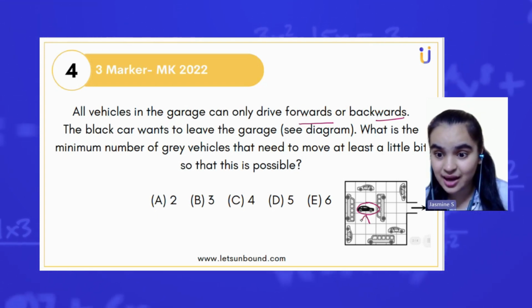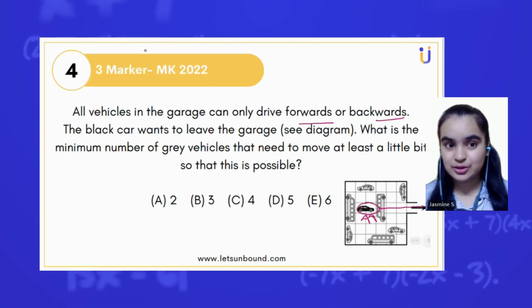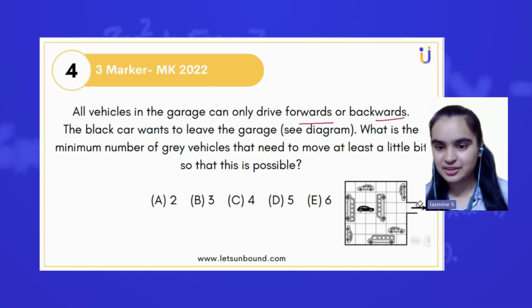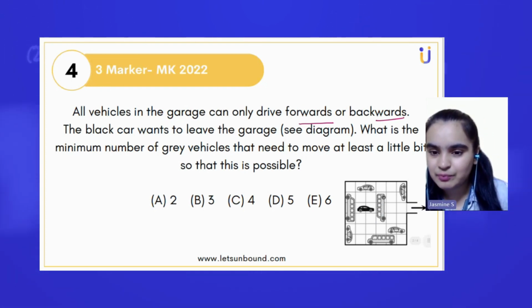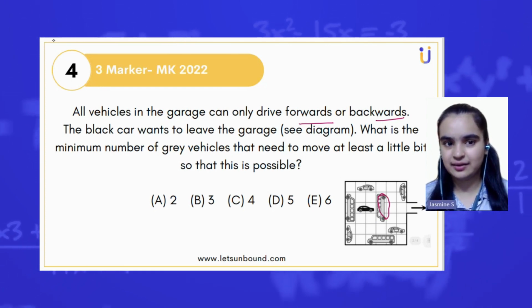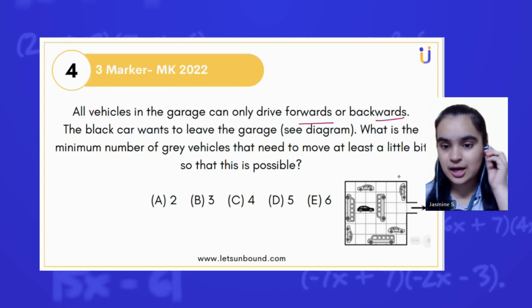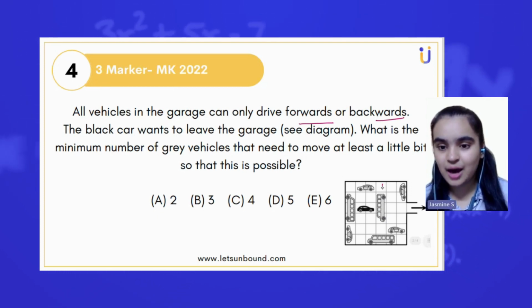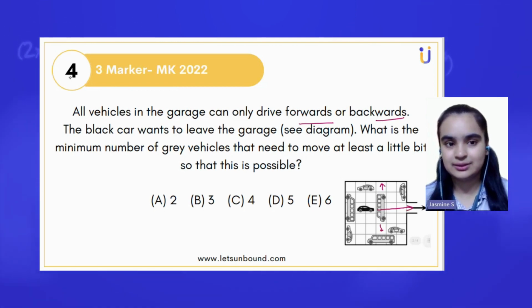Here is the black car which we have to move. It will go straight to go out of this garage. For that, if you look carefully, only this is the car which is troubling the black car, right? So if we can move this big car, maybe up or down, this black car can go outside.